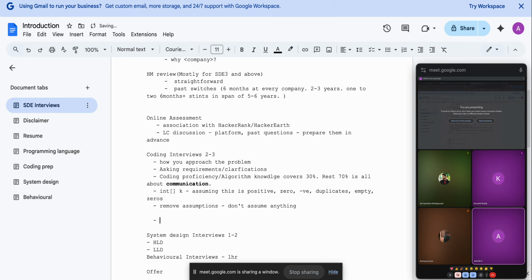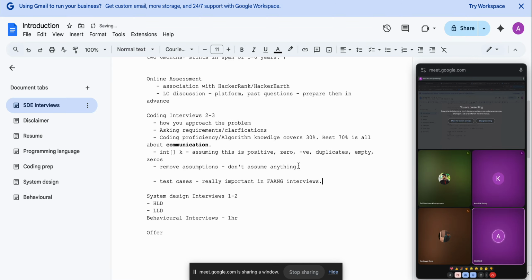Then comes your test cases. This is really important in FANG interviews. If you are applying to mid-level product companies, probably you can skip this, but in FANG interviews you need to have test cases. Also within FANG interviews it differs based on the company.